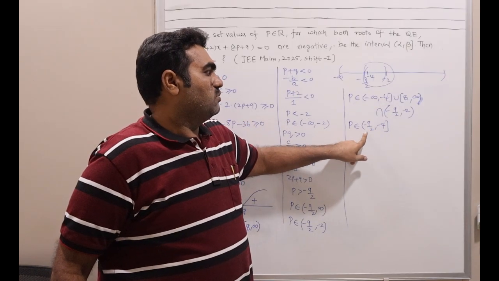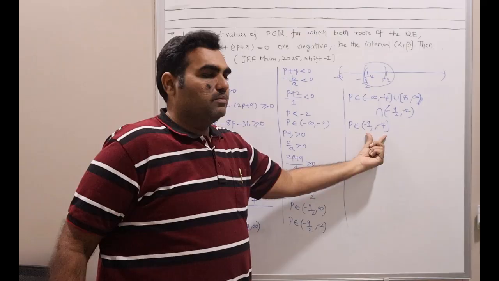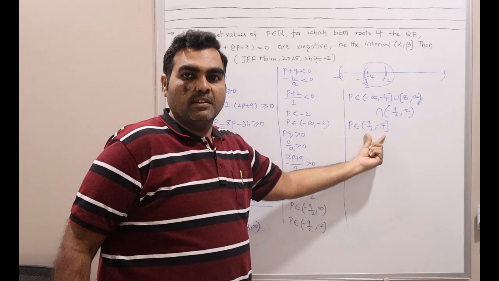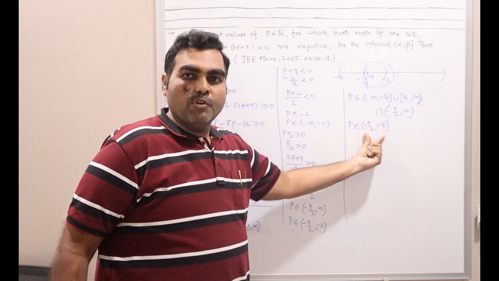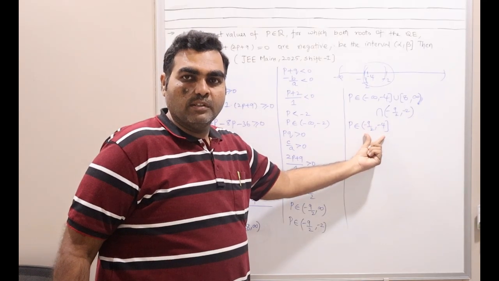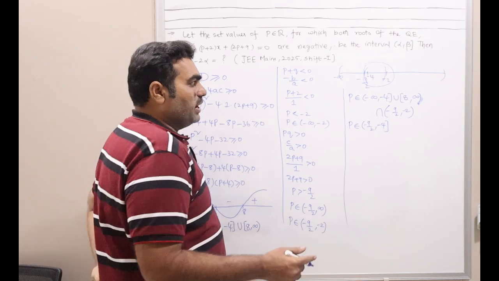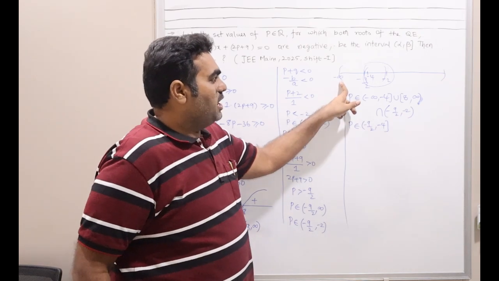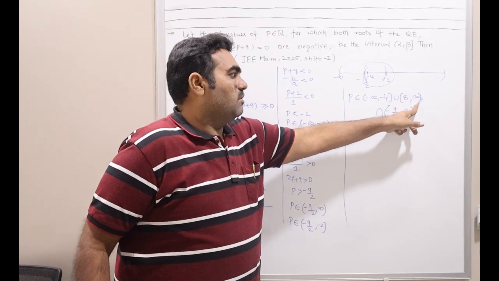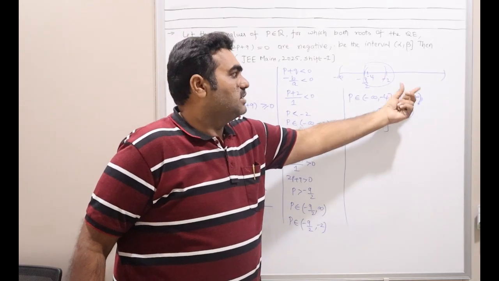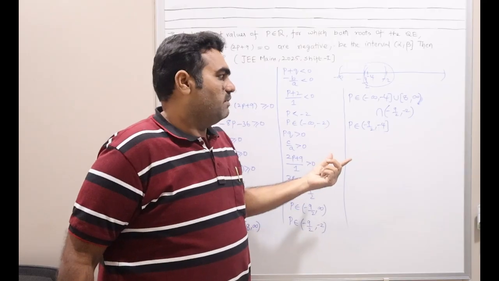So minus 9 by 2 to minus 4, this set p can fit into. I hope you got it. I hope you understood, right? If you want to know, again I am explaining. Minus infinity to minus 4, this is this set. And 8 comma infinity is somewhere on the positive side, which is excluded.